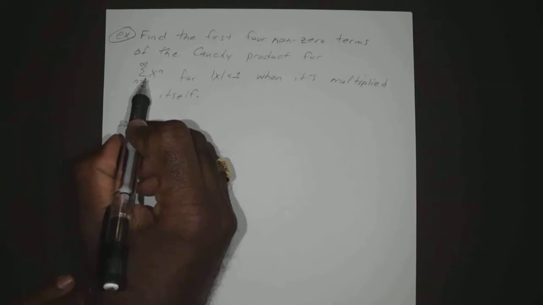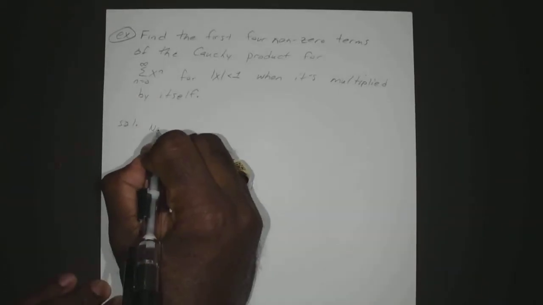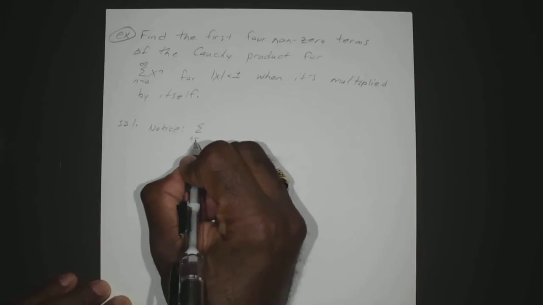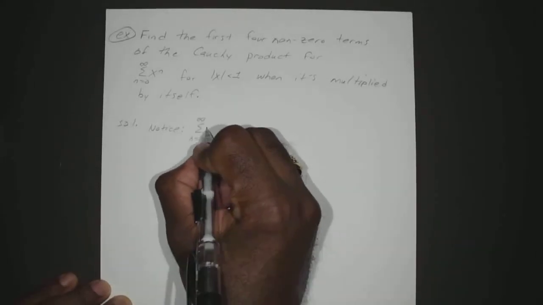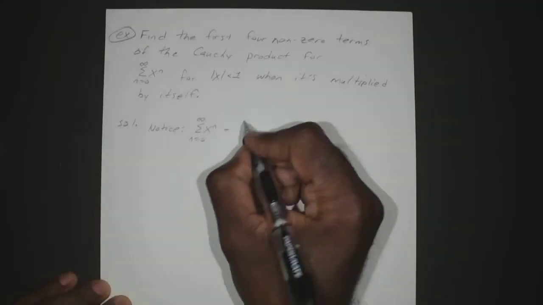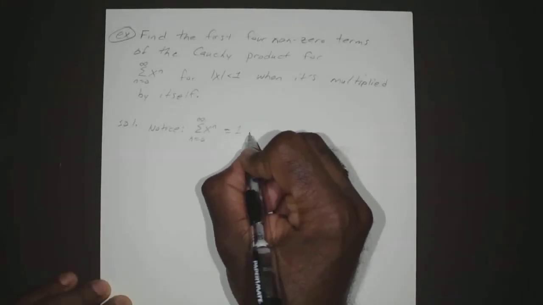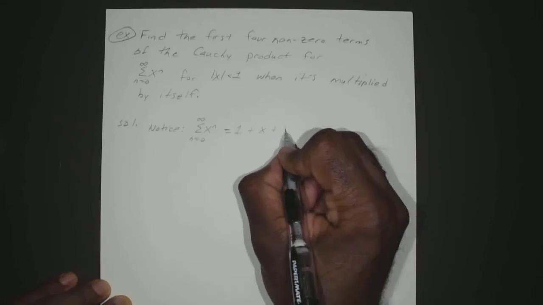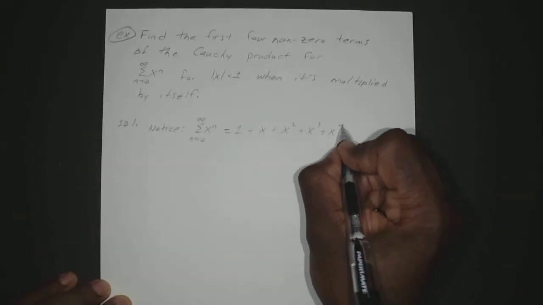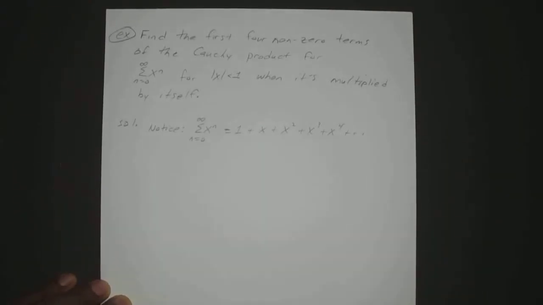Okay, so the first thing we're going to notice is that the sum from n equals 0 to infinity of x to the nth power, x to the 0 is 1, plus x plus x squared plus x cubed plus x to the 4th, and so on.